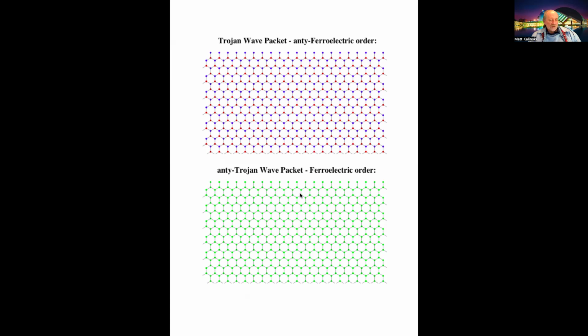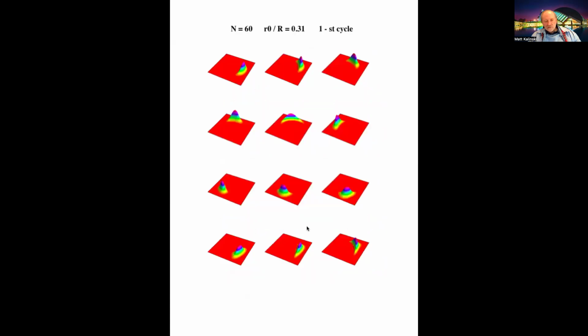The nodal properties become more and more complicated with de-excitation, not excitation, and the other state, the state opposite to the Trojan wave packet in this sense, is the anti-Trojan wave packet, and on honeycomb lattice you can get only native ferroelectric order with anti-Trojan wave packets.